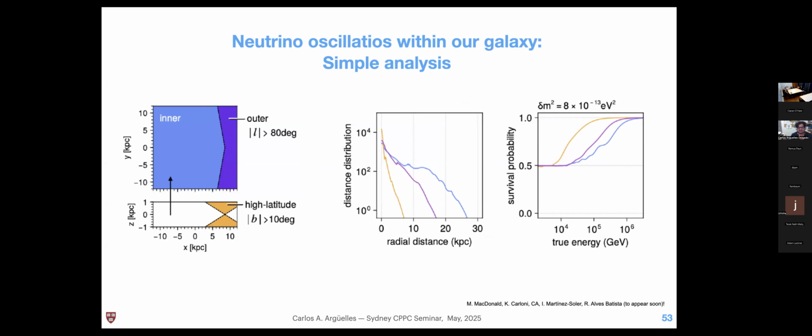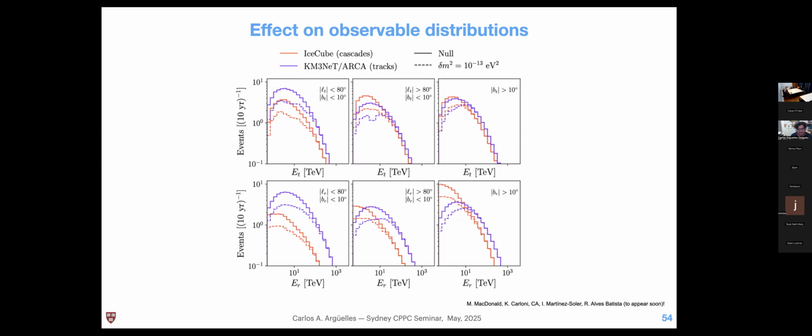And then you can see that if you divide into different pieces, there is a distribution that is different for each of these pieces, which causes an oscillation probability that is distinct for each of these distributions. And here what you can see is the expected effect in IceCube and another experiment called KM3NeT. The solid lines are the standard model-like prediction for the model that we have, and the dashed lines are when you have these oscillations.